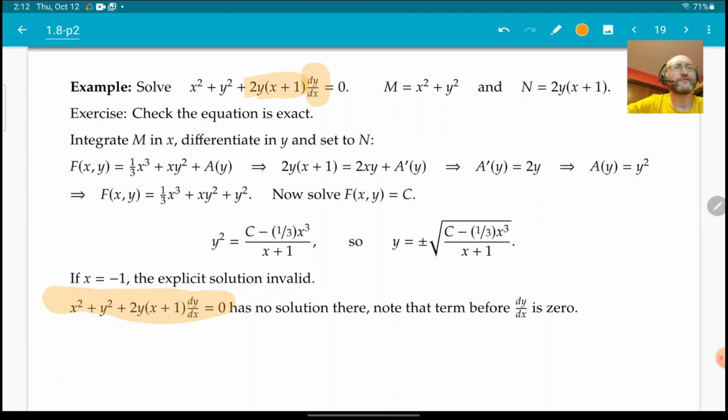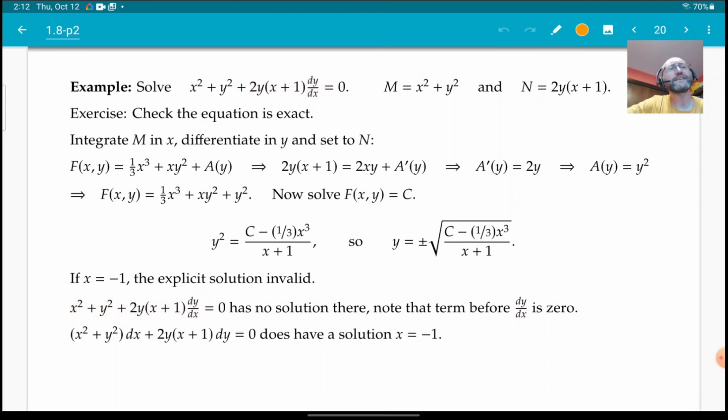If I write it in the standard form from the start of this chapter, where the derivative of y is equal to some function of x and y, then you'd have to divide by this, and you can't if x is -1. That's why we're getting into trouble there. We should expect trouble when x is -1.